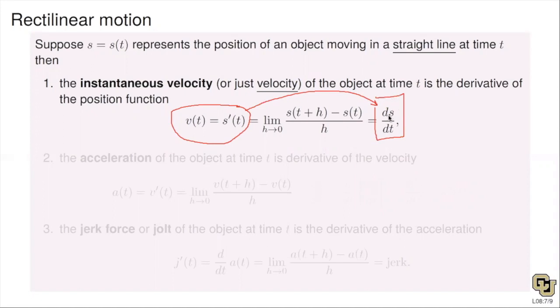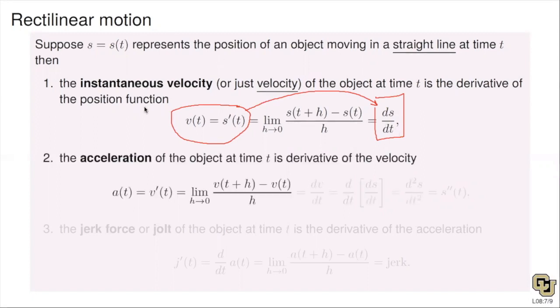The first derivative of the position function with respect to time. And the derivative of the velocity, the rate of change of velocity with respect to time, is known as the acceleration. So the acceleration is the derivative of the velocity.